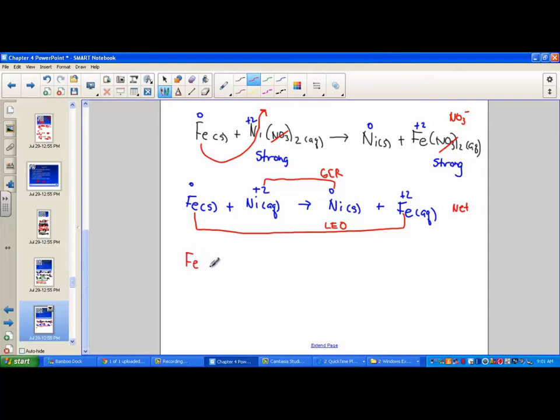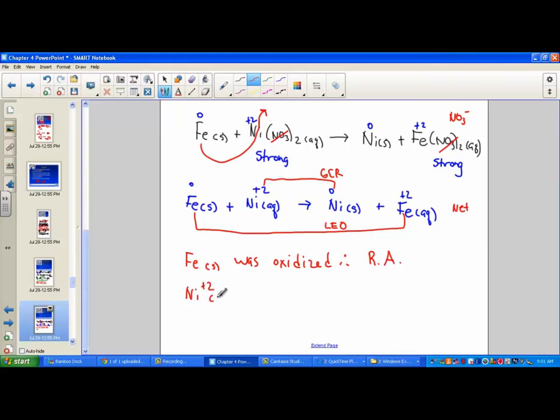So the metallic form of iron, solid, was oxidized. And therefore, we know it's the reducing agent. The term agent is telling me it forced the other reactant, nickel, to be reduced.